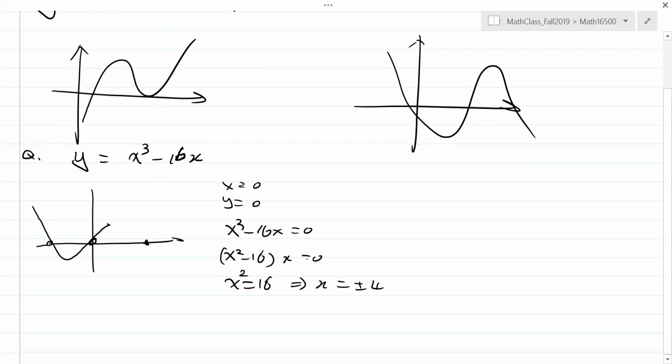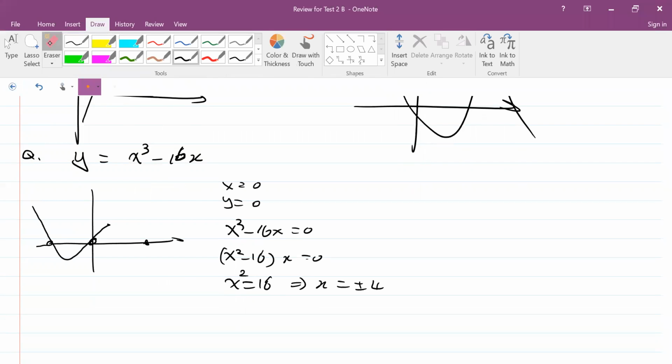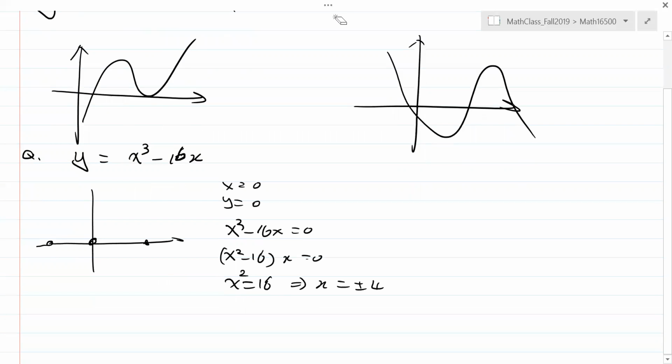Wait a minute, I'm trying the wrong picture. All right, so that is the graph. So this graph tells you that you are going to have two critical numbers, right? Two critical numbers.